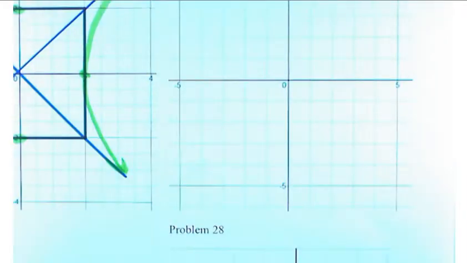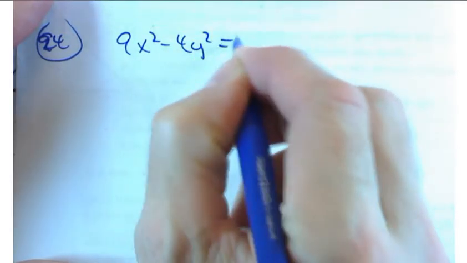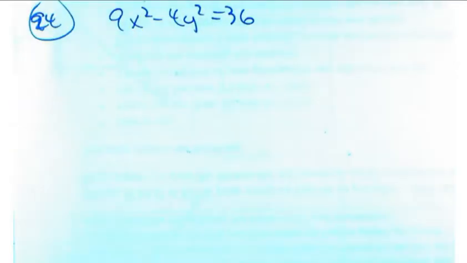Let's try problem number 24 next. So let's see that one here first. 24 is 9x squared minus 4y squared equals 36. Suggestions?